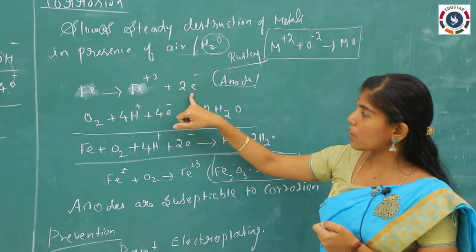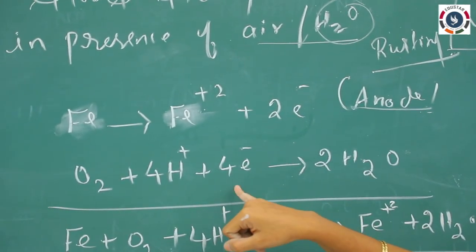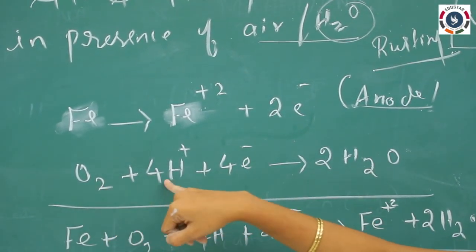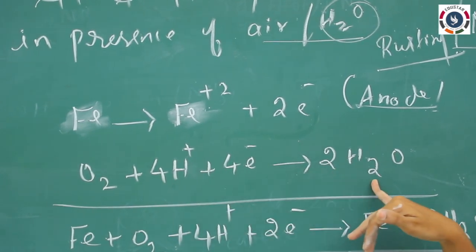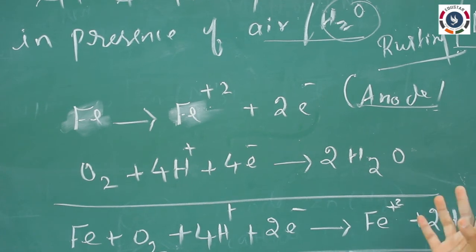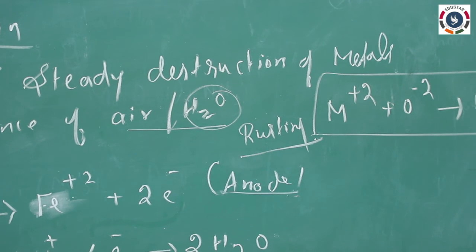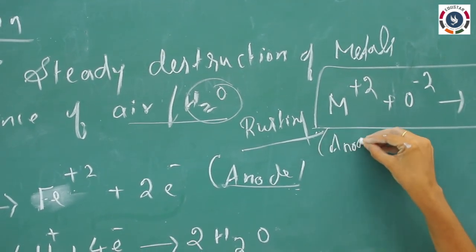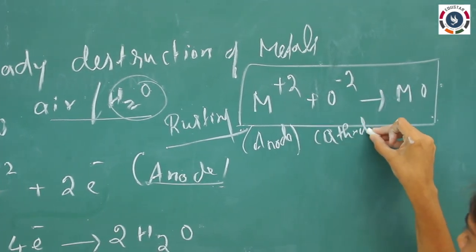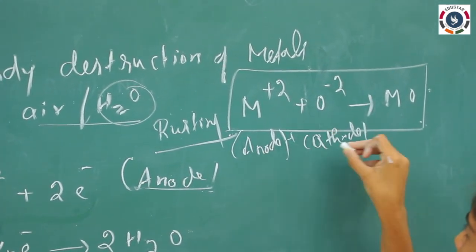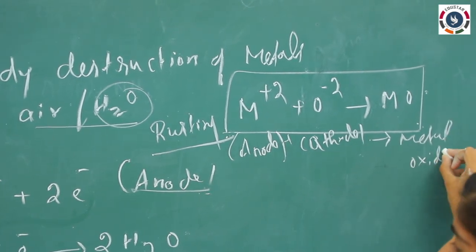It removes 2 electrons, and those 2 electrons are added at the cathode, that is oxygen plus 4H plus plus 4 electrons giving 2 water. Usually in any metal, the metal ions are formed at the anode, and at the cathode oxygen reacts and they combine to form metal oxide. This is the principle of corrosion.